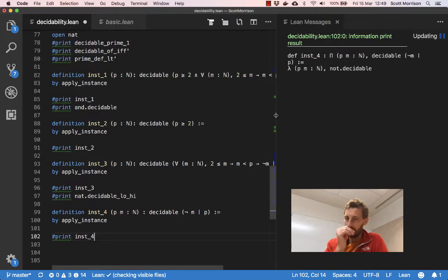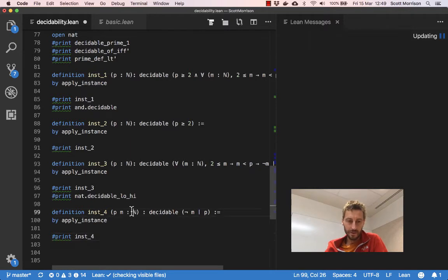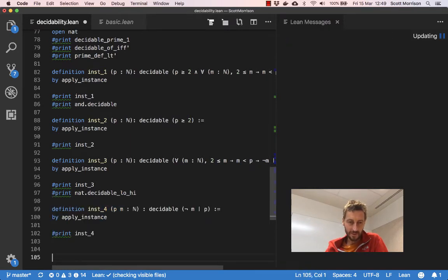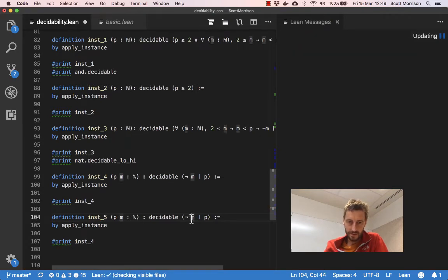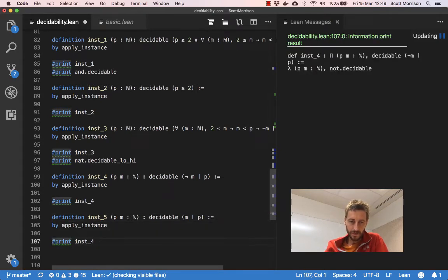This step was actually not that exciting. It's just got an instance that says if some proposition is decidable, not that proposition is also decidable. So the next thing we're meant to look at is to work out how it did this without the not. Print that to see what it came up with.